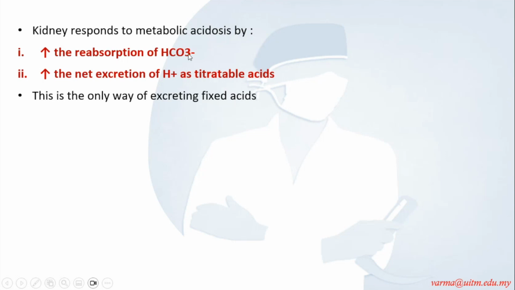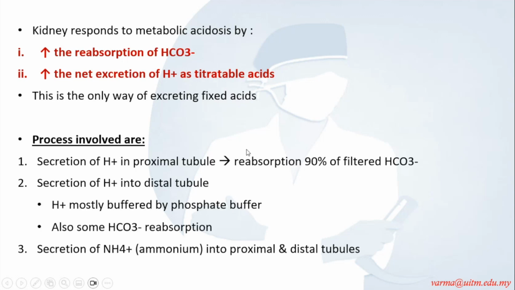Increase the reabsorption of bicarb, increase. This is the only way of excreting fixed acids. Okay, so again, you see this is the only way of excreting fixed acids. The processes involved are: secretion of H+ in the proximal tubule, which accounts for the reabsorption of 90% of filtered bicarb.